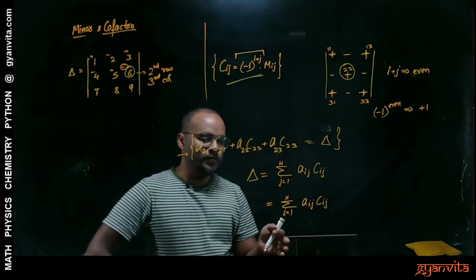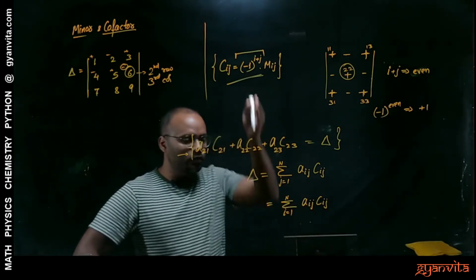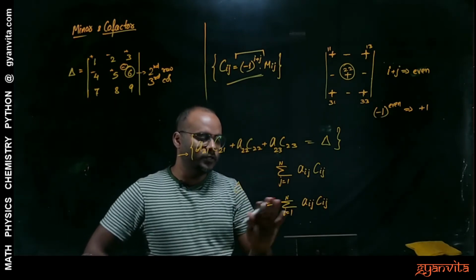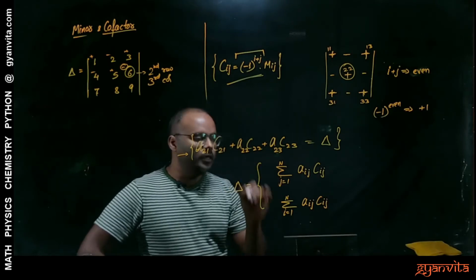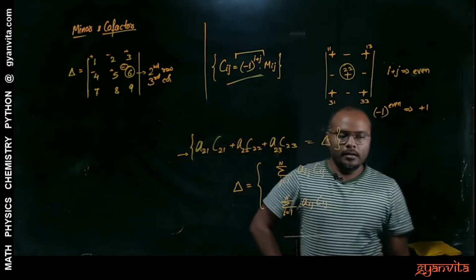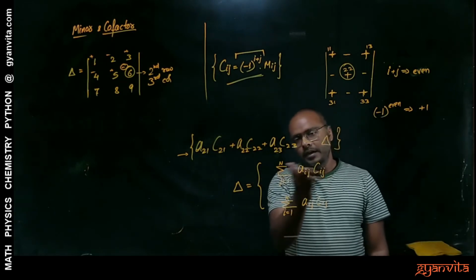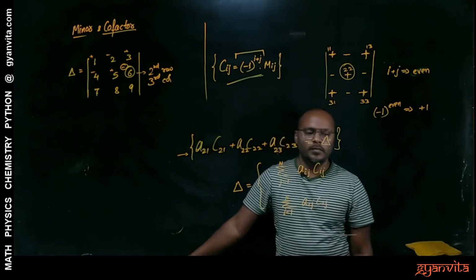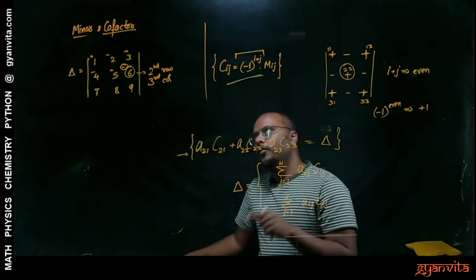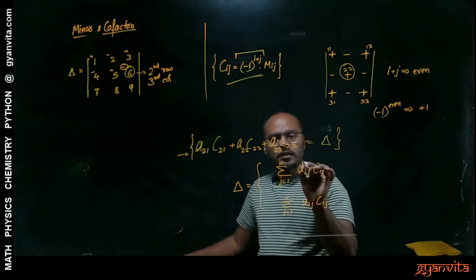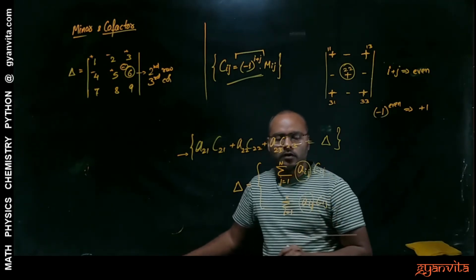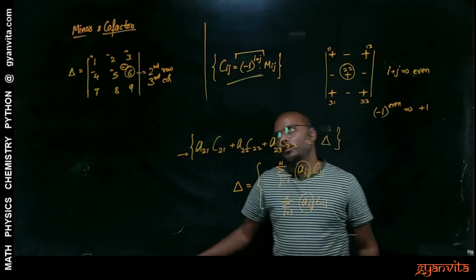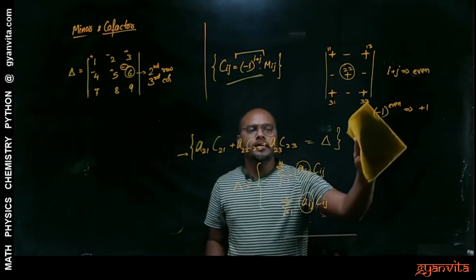In this case j is fixed, which means you have fixed the column, so now you are expanding column-wise. So this is delta, which is nothing but the determinant in two different forms, expanding along a particular row or along a particular column using cofactors, right? The only thing missing to find the determinant was the element at that particular location. So we just multiplied by that element and we got the determinant. So this is about the minor and the cofactor.